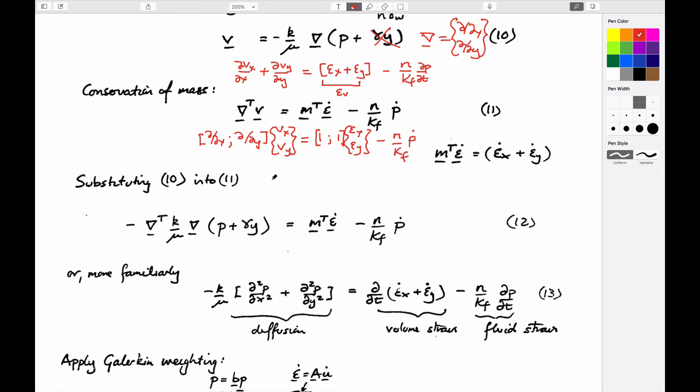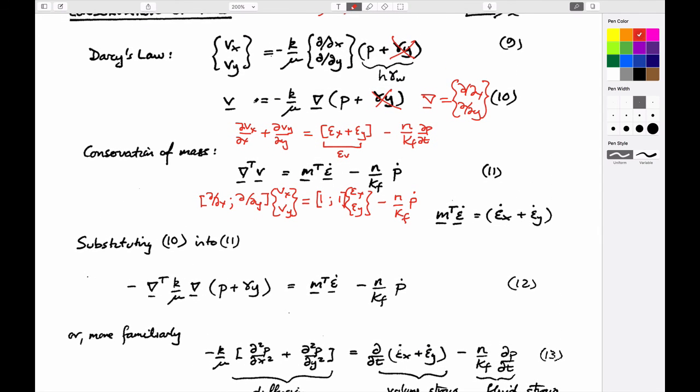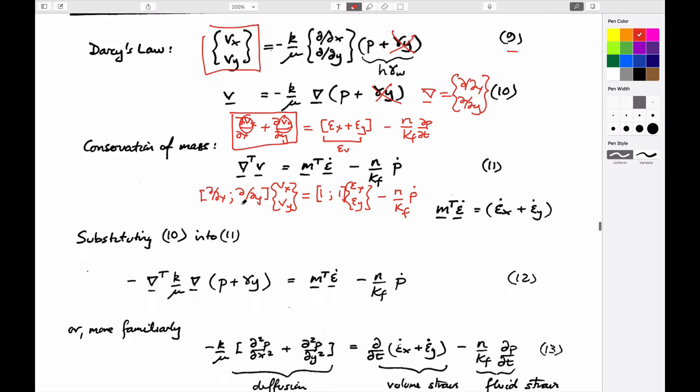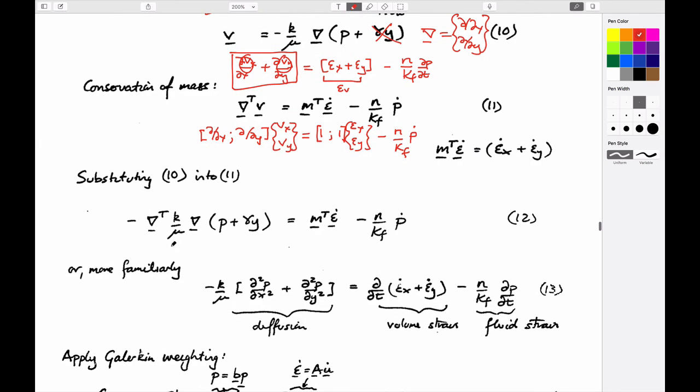Okay, so this continuity part on the left-hand side is what Darcy's law can contribute to, because we have values for each of these terms. And so if you substitute 9 into 10, written in this way, you end up with this expression here. So the continuity term on the left-hand side now becomes this.